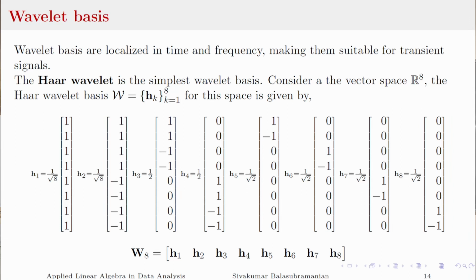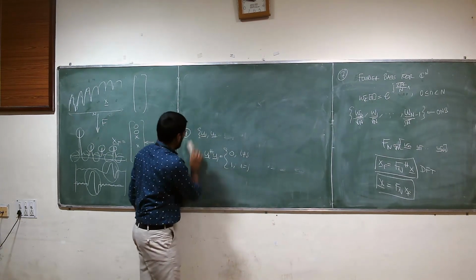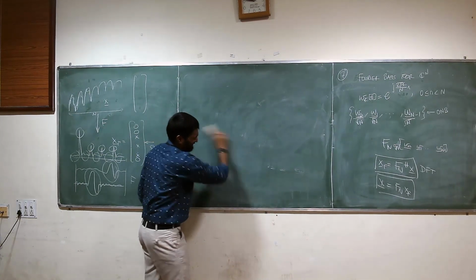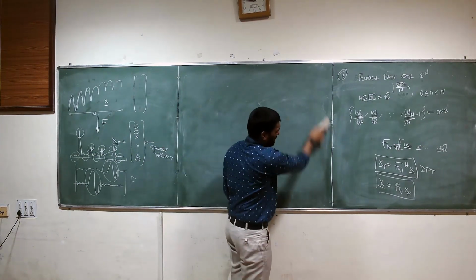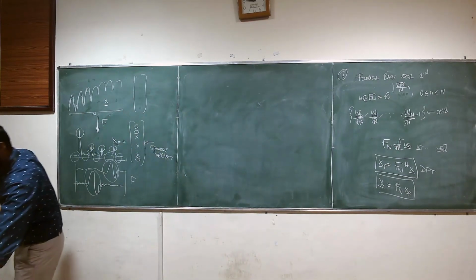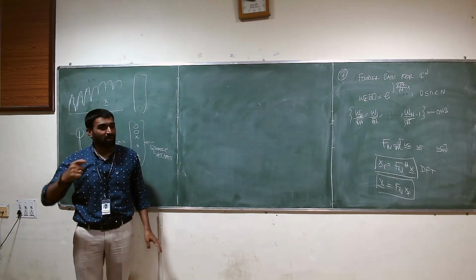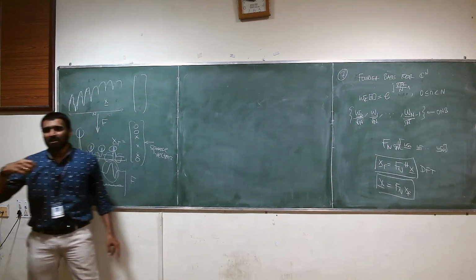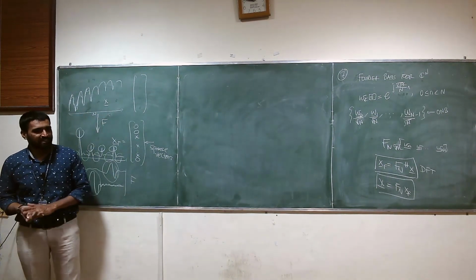When you are interested in working with signals that might be short-lived in time, the Fourier basis is not a good basis. Trying to represent or understand those signals in terms of sinusoidal signals is not really a good idea.